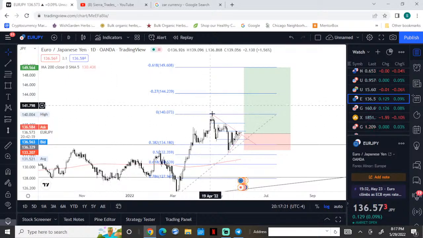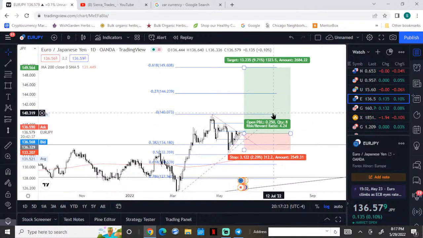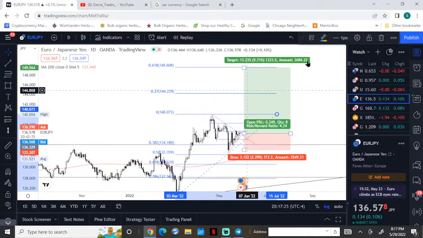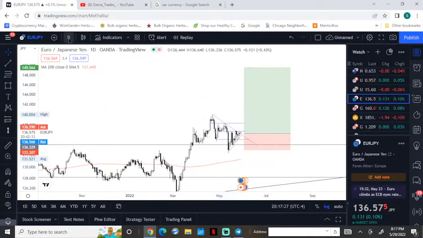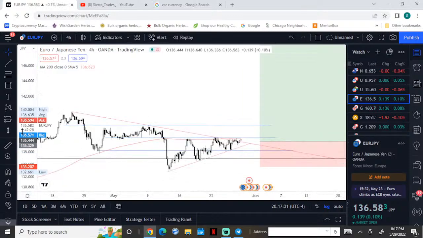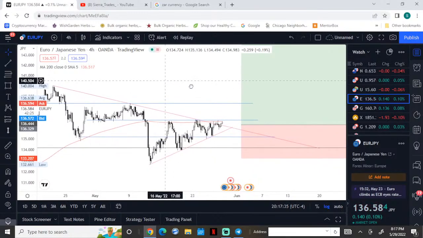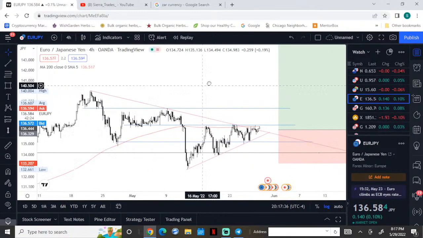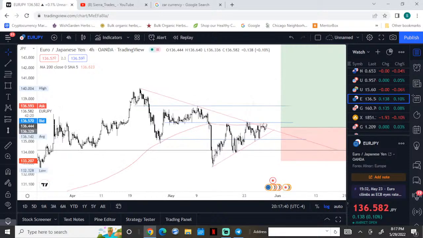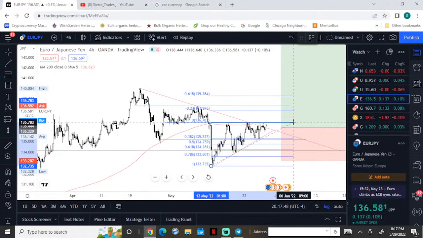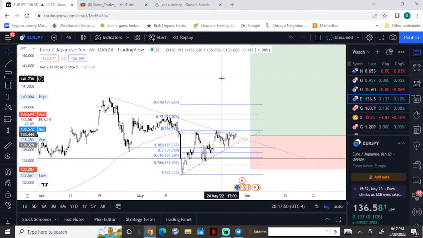And finish that daily fib, which is lining up with what I needed to do on the 4 hour. I'm gonna need that break and retest on this triangle is what I'm gonna need in my life.